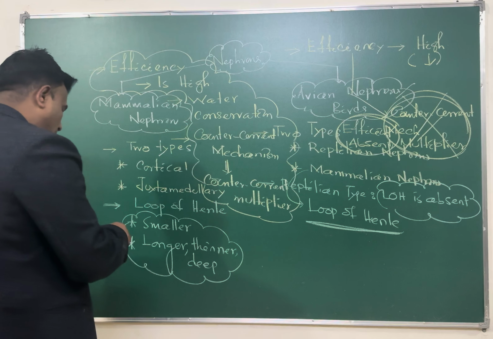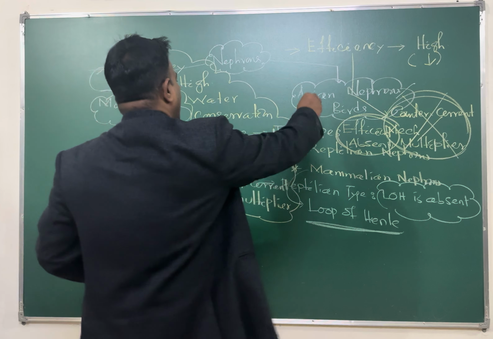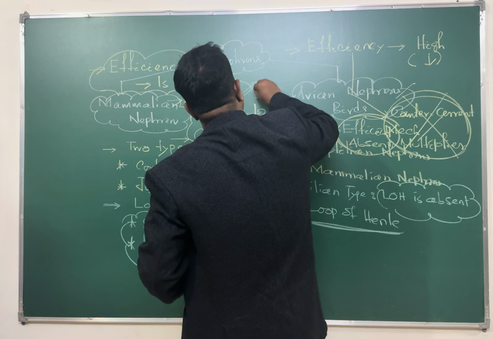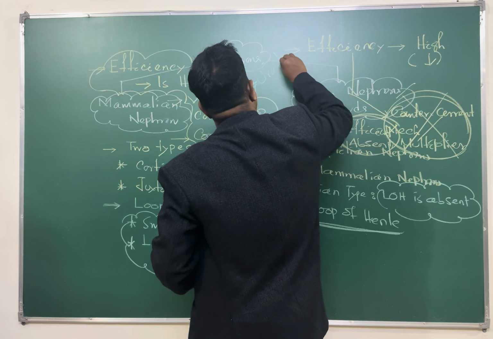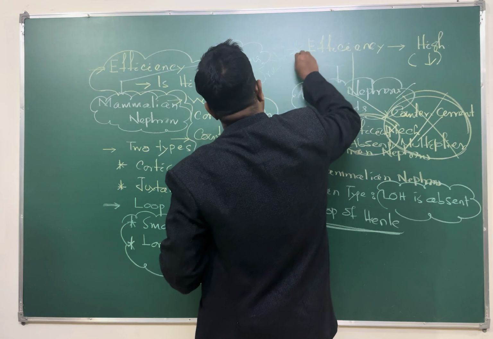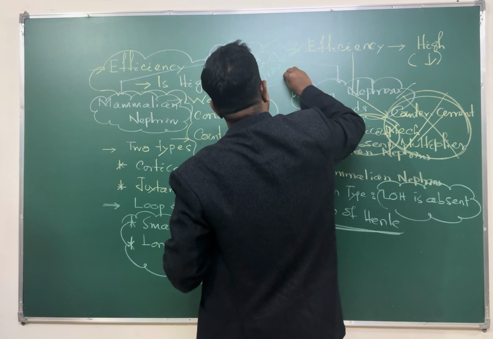If you consider the mammals, they are mostly ureotelic. That means their excretory material is urea, and therefore they require a very dynamic system of water conservation, as urea is less soluble in water.